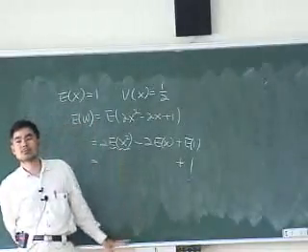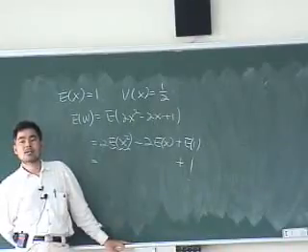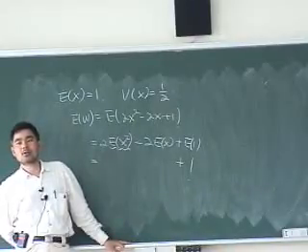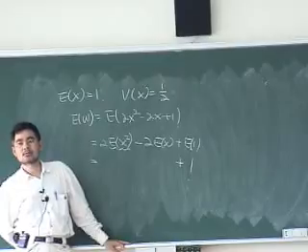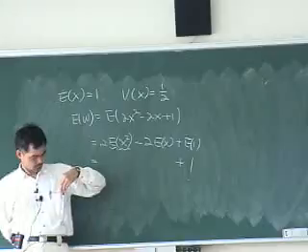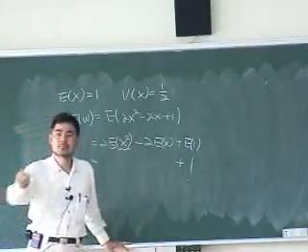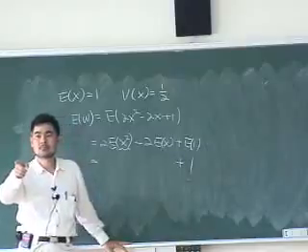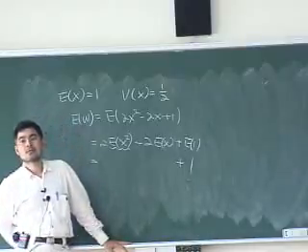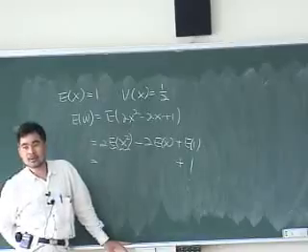What is this equal to? Expectation X squared. What is that equal to? Okay, next. Vx plus mu x squared, right?